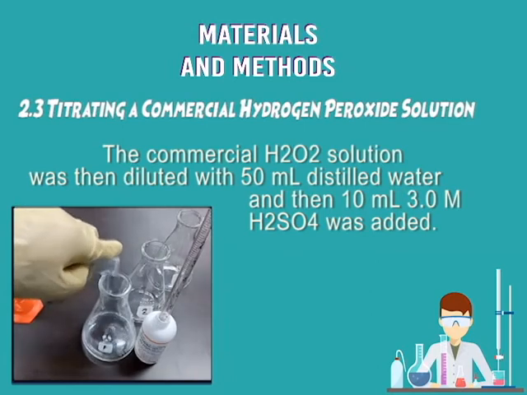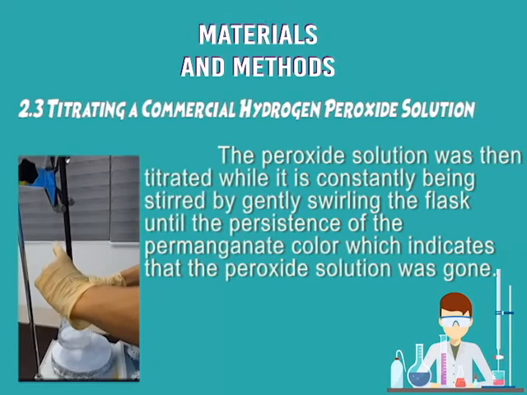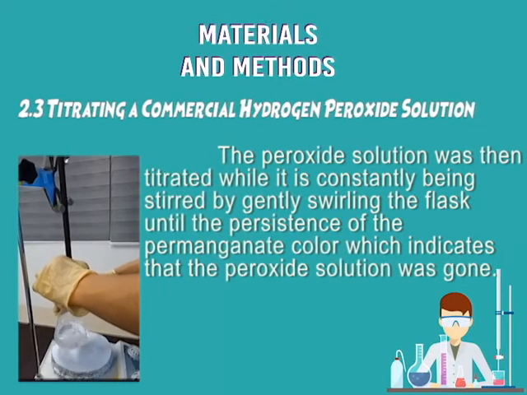In preparation for the titration, the burette was filled with the standardized permanganate solution, and the initial reading was recorded. The peroxide solution was then titrated while constantly being stirred by gently swirling the flask until the persistence of the permanganate color, which indicates that the peroxide solution was gone.